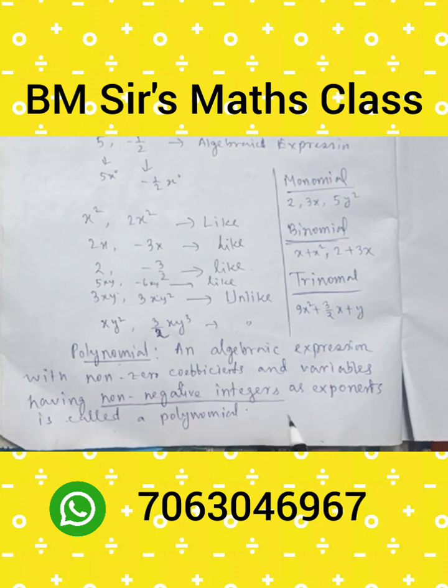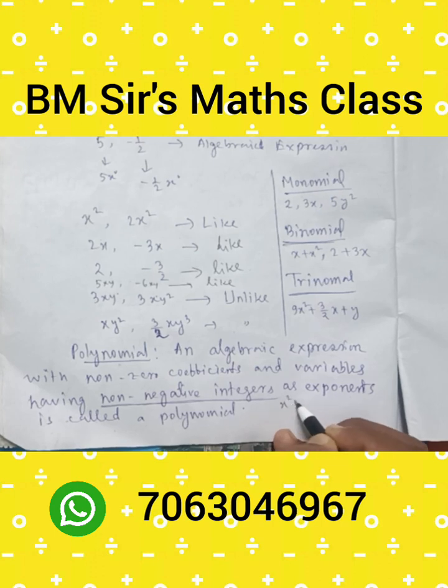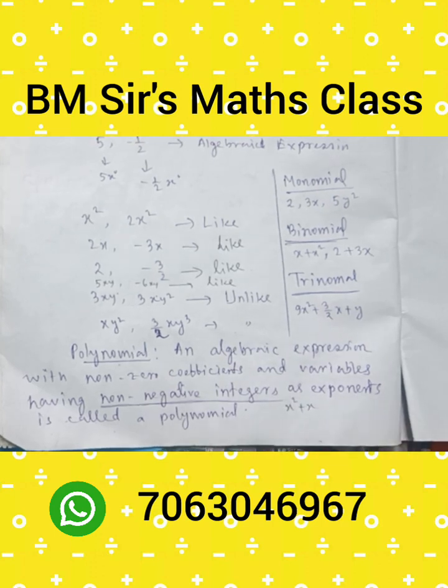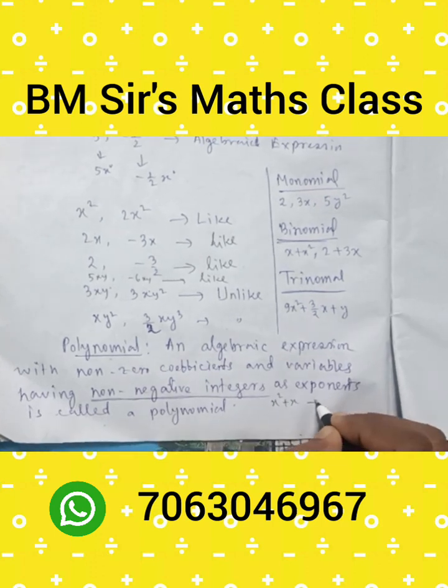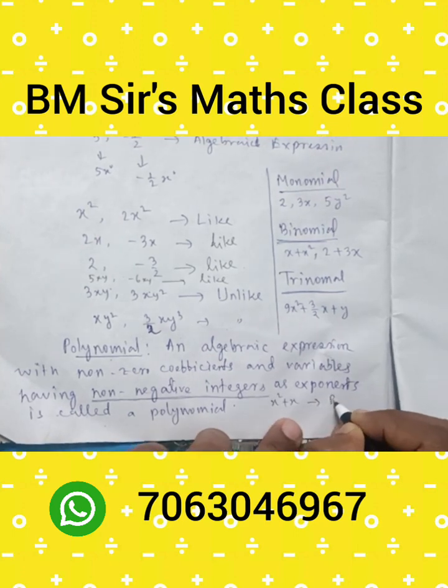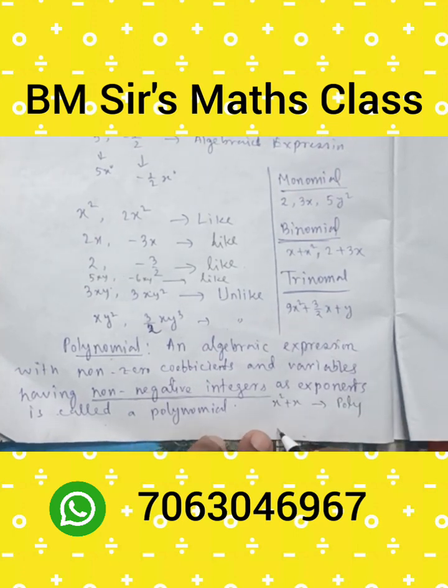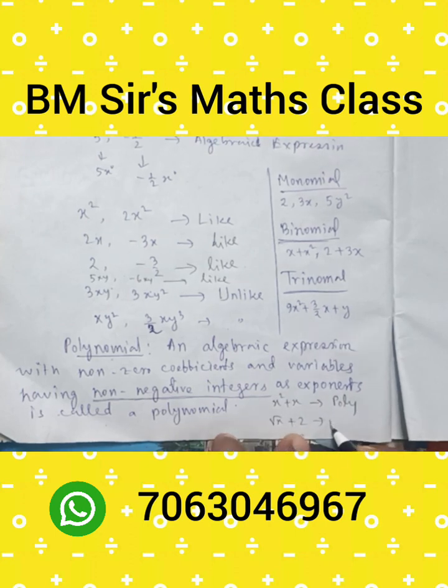For example, suppose x square plus x, it is a polynomial. But root x plus 2, it is not a polynomial.